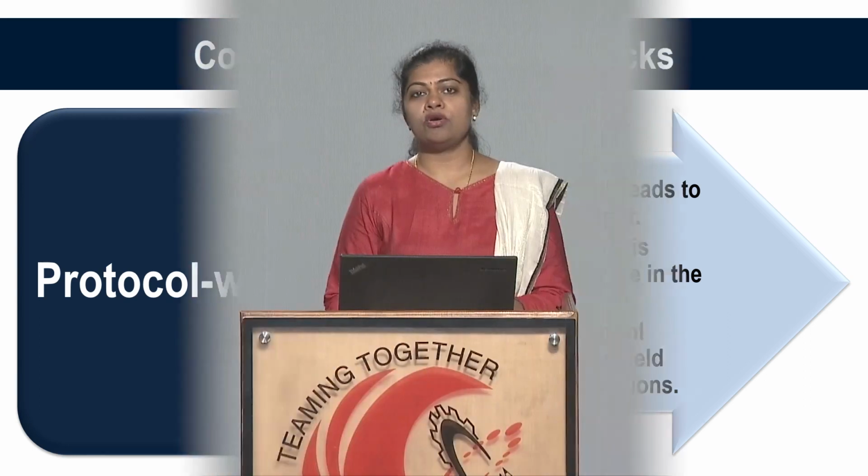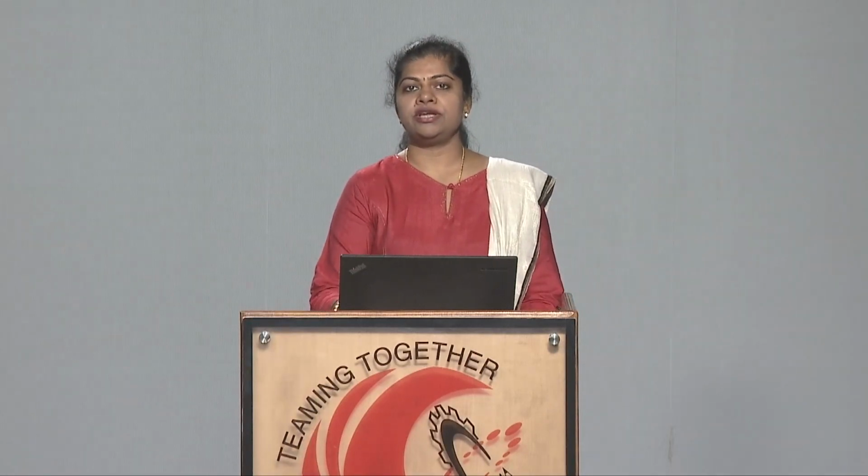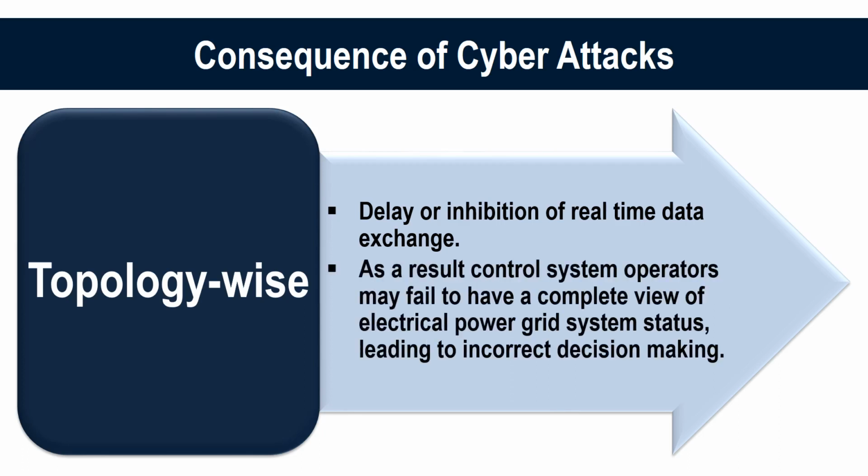And believe me, all these attacks are very harmful, even threatening to life. Topology-wise, there is delay or inhibition of real-time data exchange as a result of the control system. Operators may fail to have a complete view of the electrical power grid system status, leading to incorrect decision making.